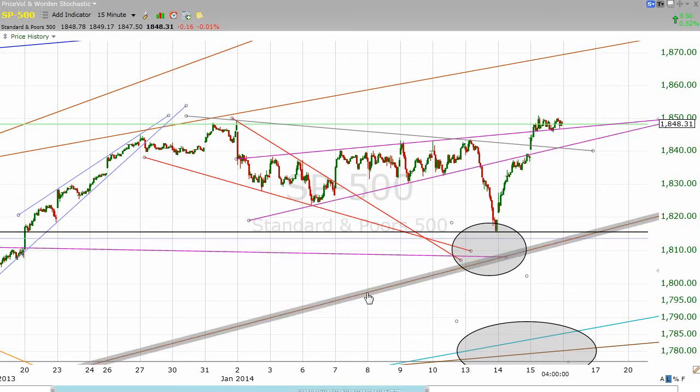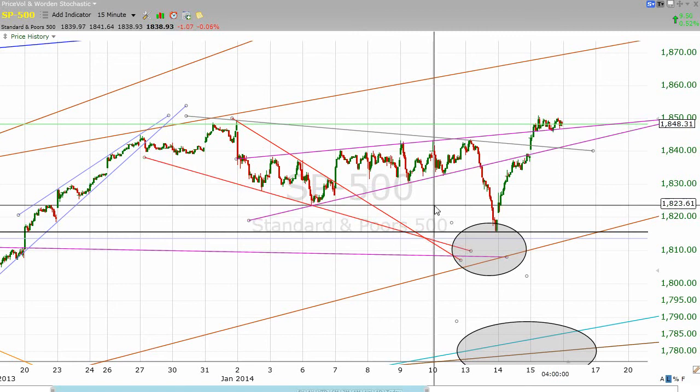And to remind you, since we know that wedges tend to take things down to the level that the price was at before they formed, that level for this wedge would be about 1823.